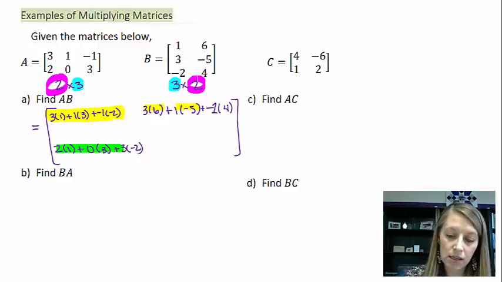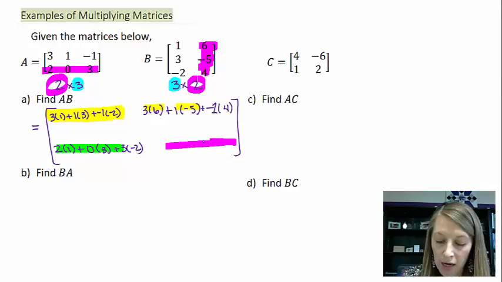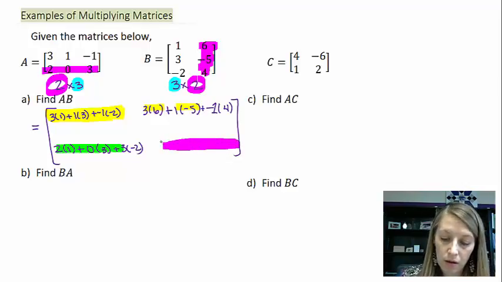And last, I have this row, so bottom row, right column. So bottom row, right column. 2 times 6 plus 0 times negative 5 plus 3 times 4.